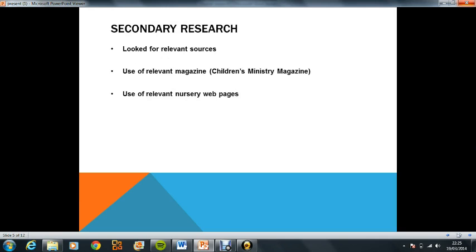One particular story looked at how nursery workers note down the information of what the child has done throughout the day. Another thing we looked at is relevant nursery web pages: nurseries around the UK, how they run the nursery and how they know information about each child each day.